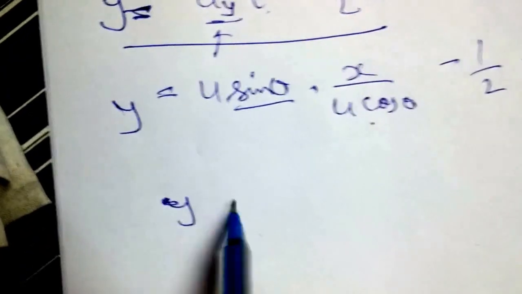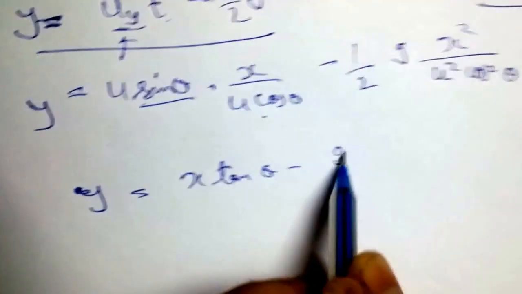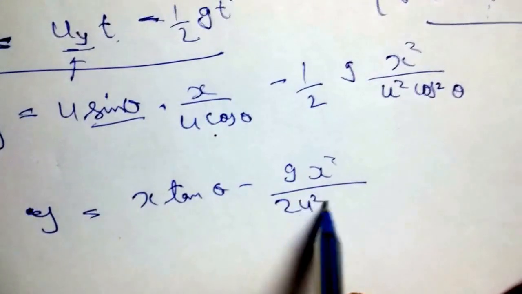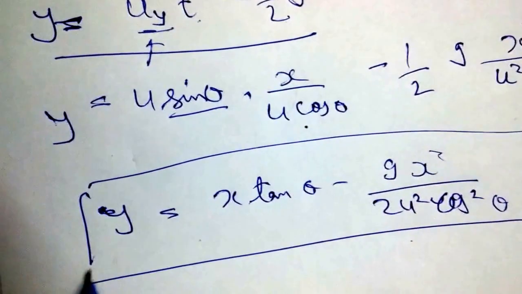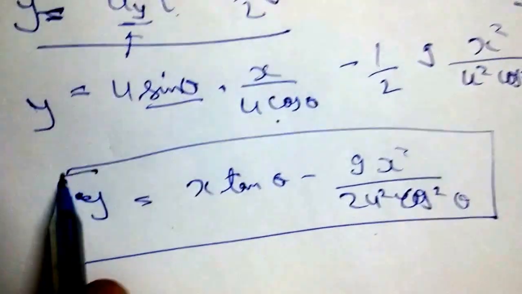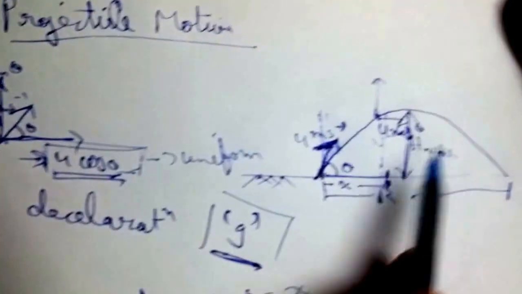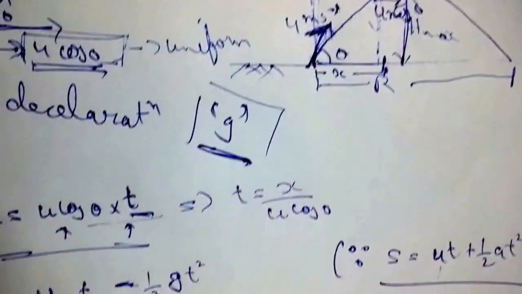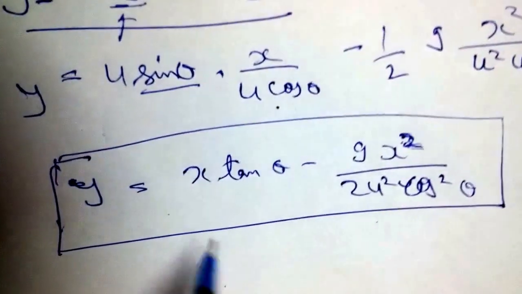So now if I simplify it, it is x tan theta minus g x square by 2 u square cos square theta. This gives me the equation of a parabola, or more precisely the equation of projectile motion shown over here. So you can say the trajectory of the projectile motion would be parabolic from the equation, because it depends on the second degree of x.